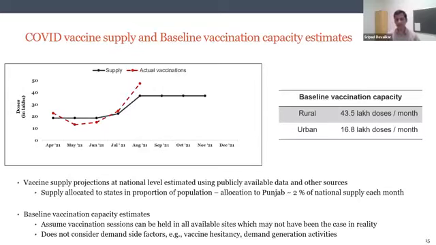The other thing that we've not captured in our model is any kind of variability. What I mean by that is, we've assumed that whatever storage capacity, whatever vaccine administration capacity is available, is available in a deterministic manner, and that there is no uncertainty in their availability or the rates at which they can be used.